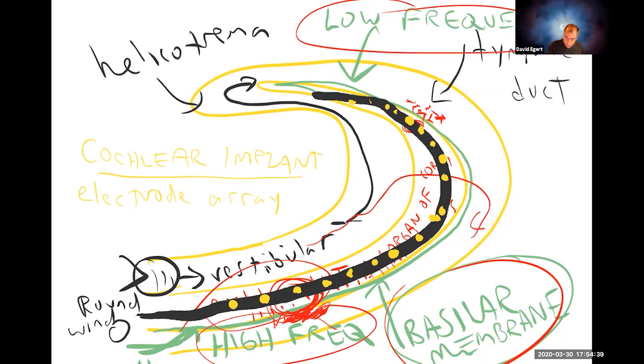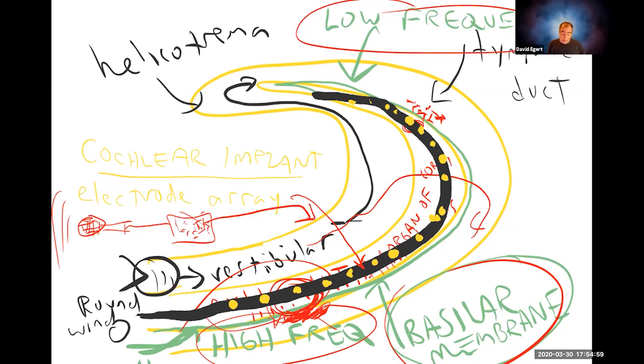So this is the electrode array that I've just put in. And basically you have a little microphone that's just listening to the sound out in the world. Then there's a little computer that analyzes the frequency content of the sound and activates this electrode array appropriately.